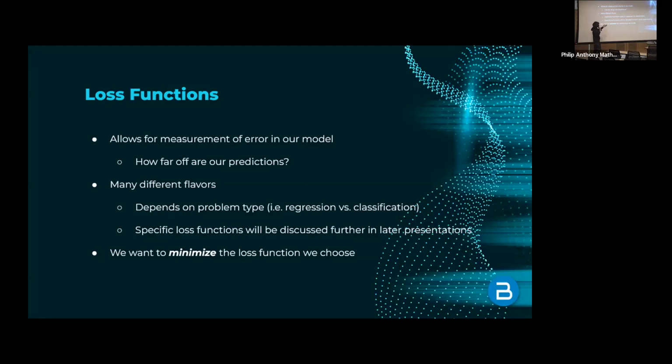Or, another classic way of describing classification is just like genres of a movie. You can't have horror 0.5 or something. It's either gonna be horror or comedy, stuff like that, discrete points. But essentially, your loss function is gonna depend on the problem type. And again, we want to minimize the loss function.